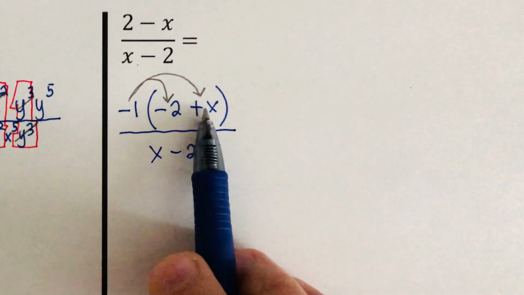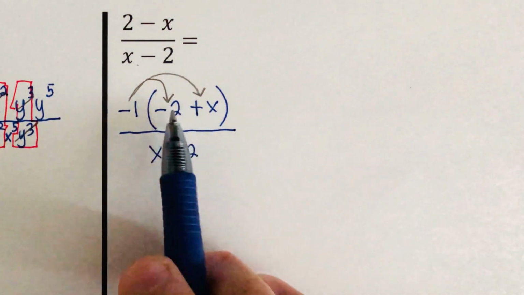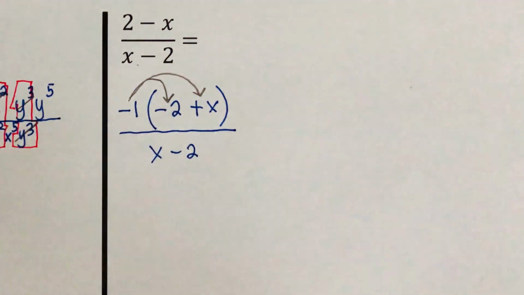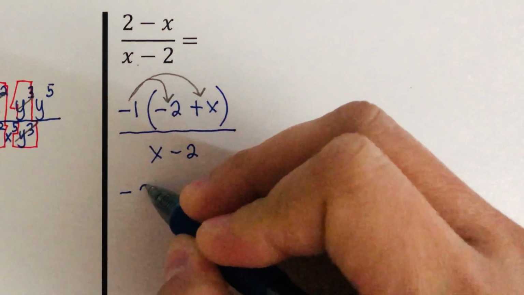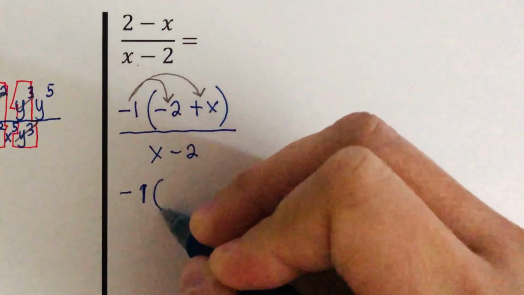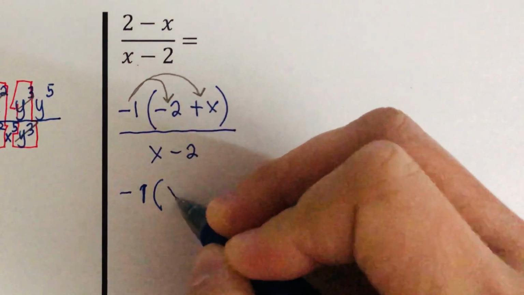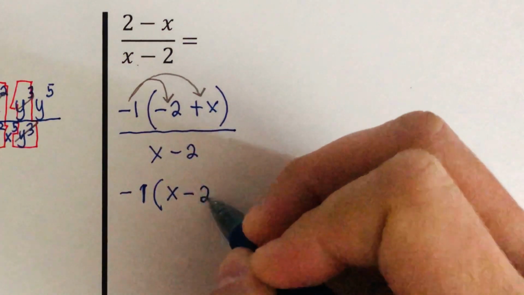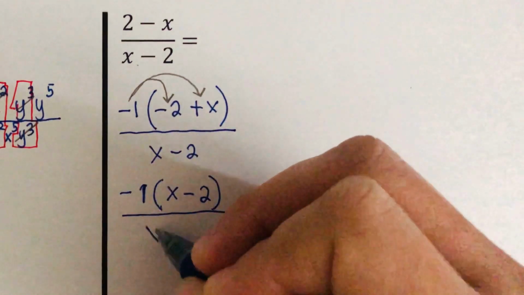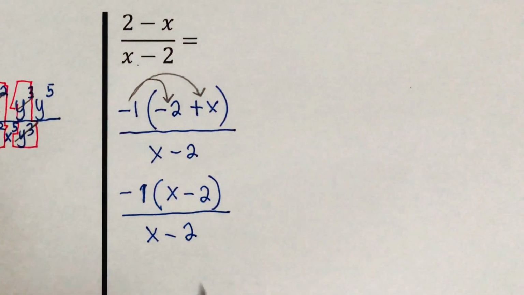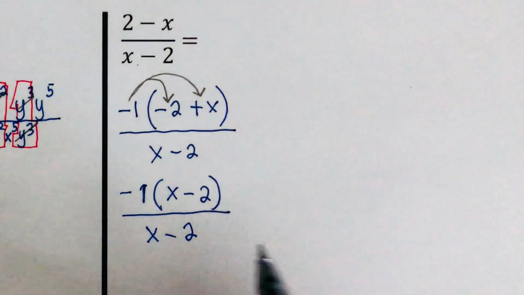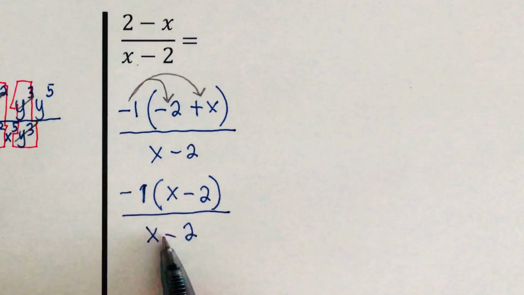Now, we remember that we can switch this around. So if we switch this around, we can go ahead and say that this is equal to -1, and then that is, write the positive x first, and then the -2, and that is over x minus 2. Now notice that the x minus 2 and x minus 2 are the same.